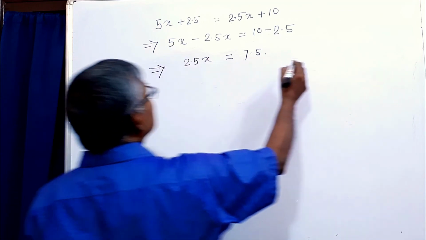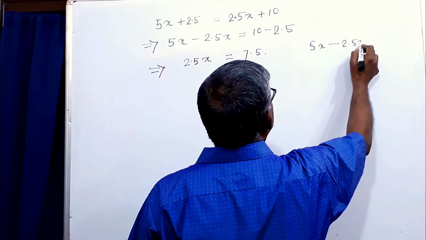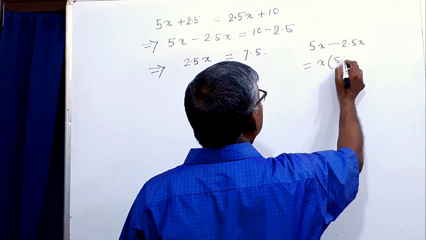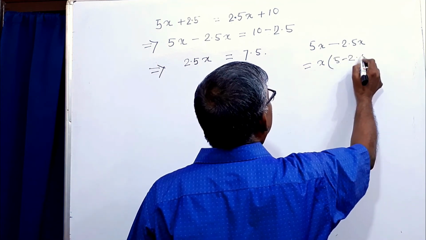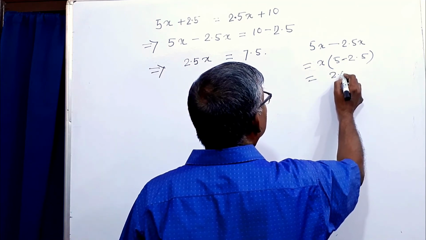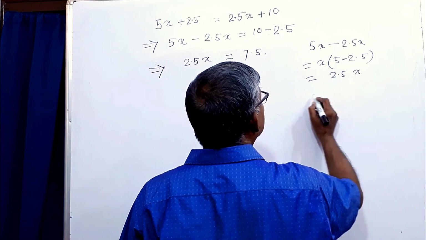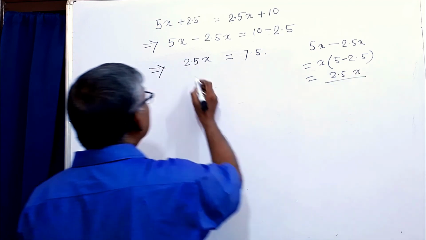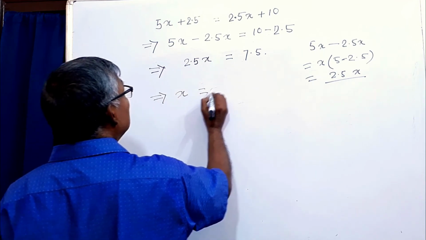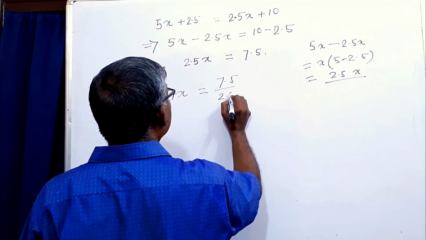You can write this 5x minus 2.5x equals, you can take x common, 5 minus 2.5. So it is 2.5 into x, that is 2.5x. So this implies that x equals 7.5 by 2.5.